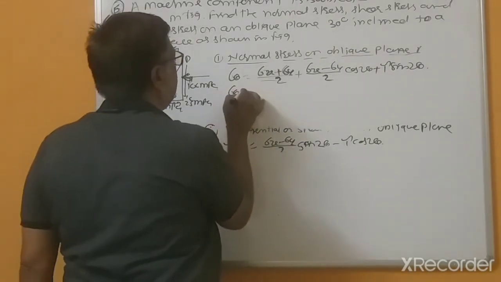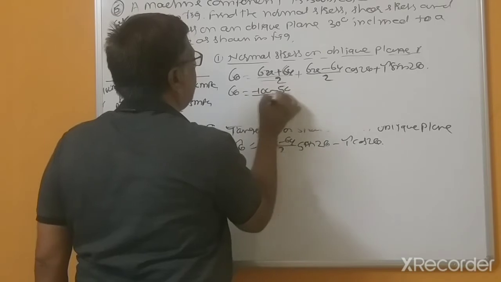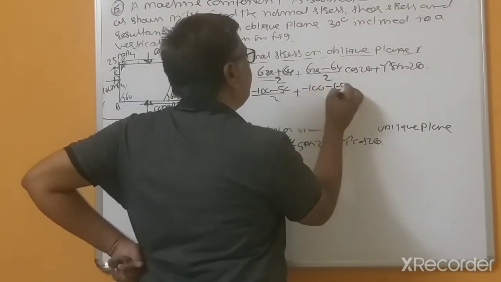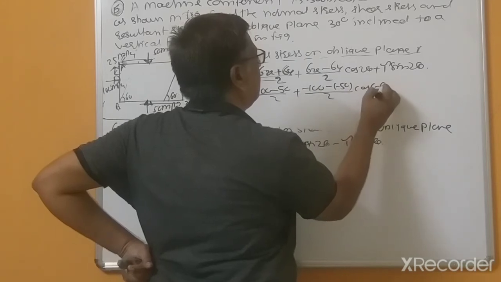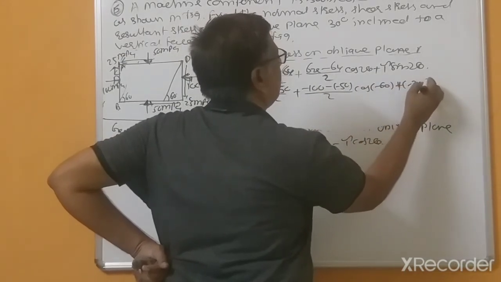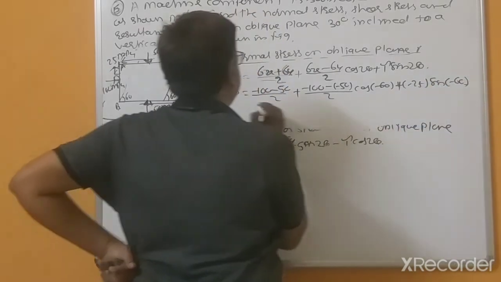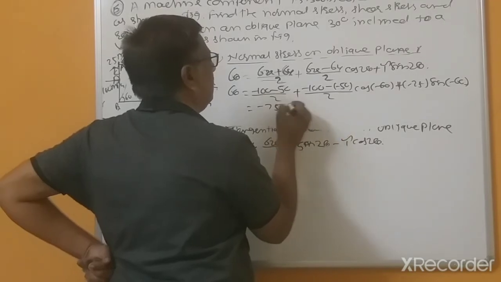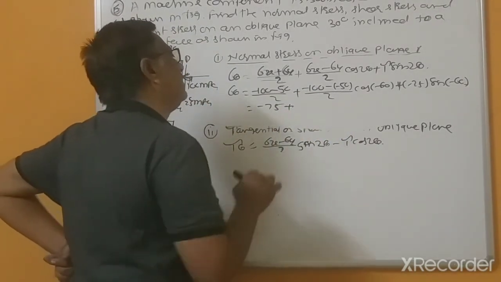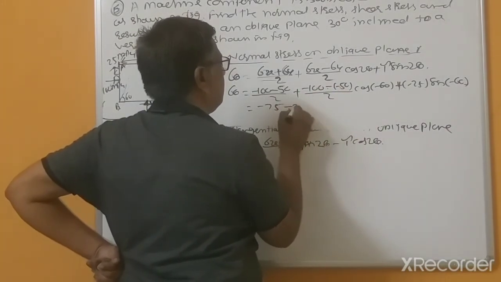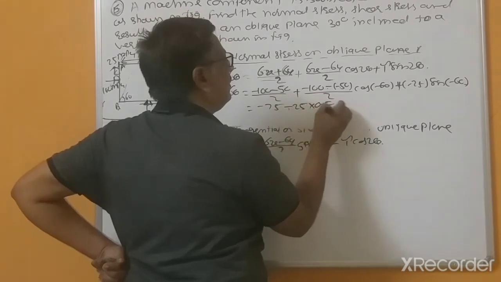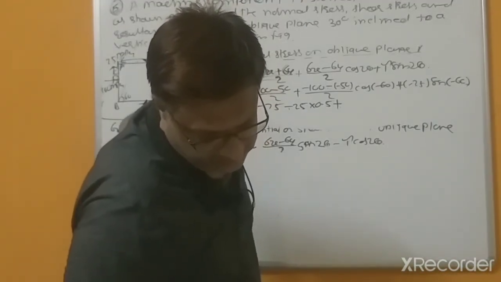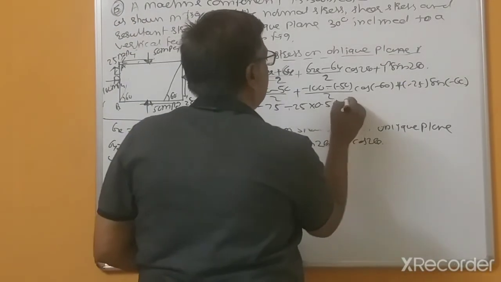So that's why sigma theta equal to minus 100 minus 50 divided by 2 plus minus 100 minus 50 divided by 2, minus 25, minus 75, plus this is 100 minus 50 plus this is minus 25 and 0.5, minus plus 21.65.